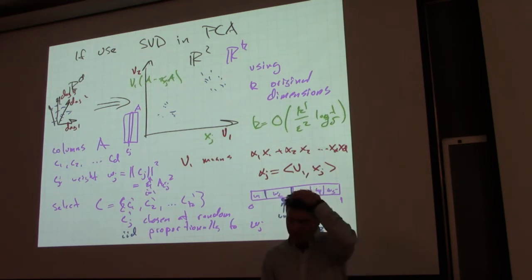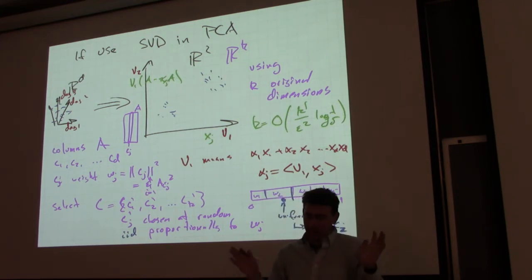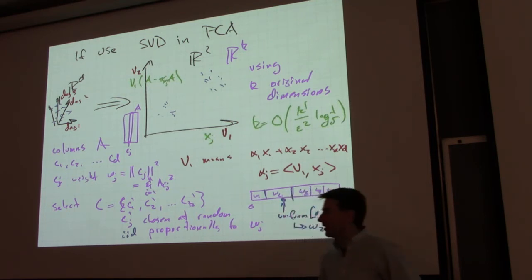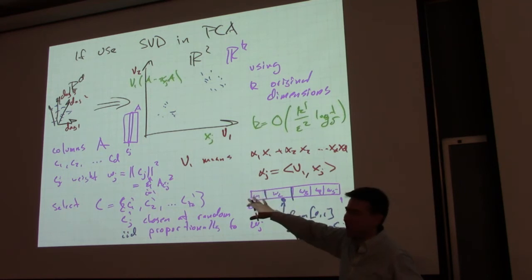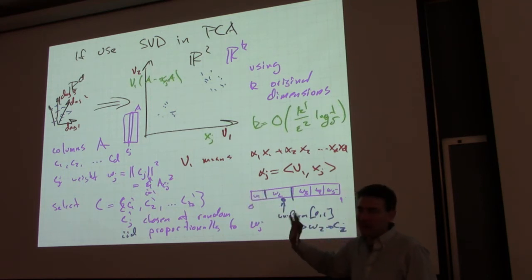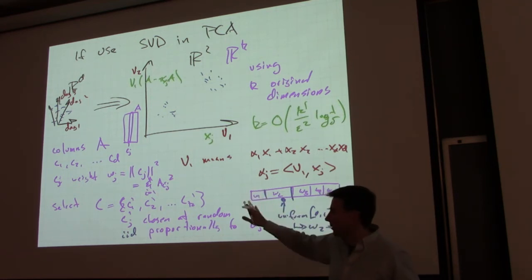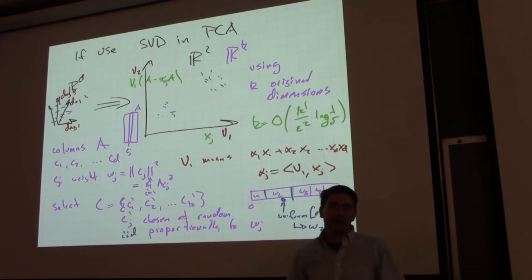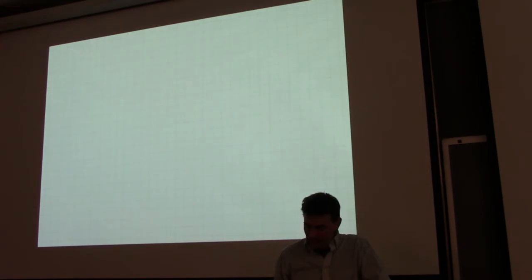But this is called the column subset selection problem, and this works roughly as well as the most commonly used versions of this, which are a little bit more complicated. But you might as well just do this.